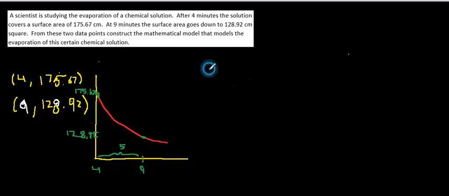So writing the equation, if we start initially at 175.67 times b, our rate, after 5 minutes, the difference between 4 and 9, it will go down to 128.92.